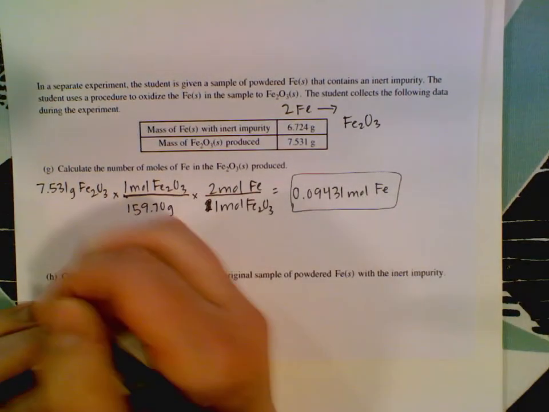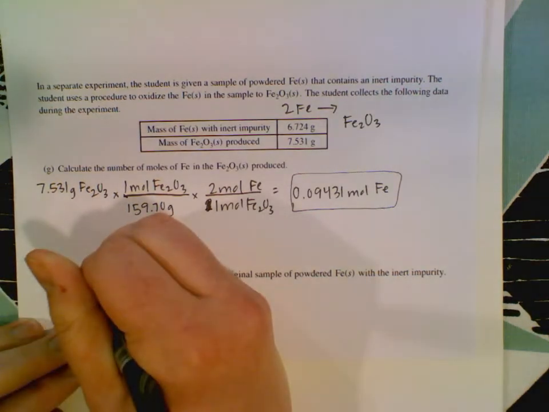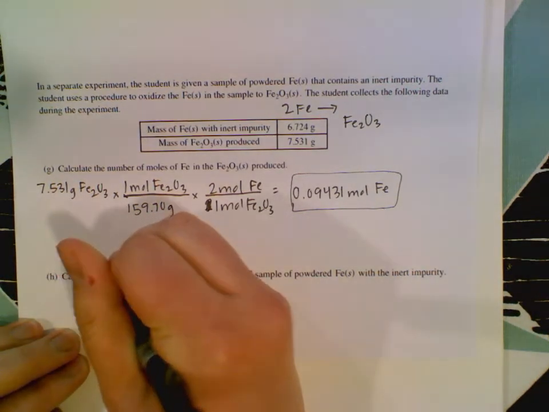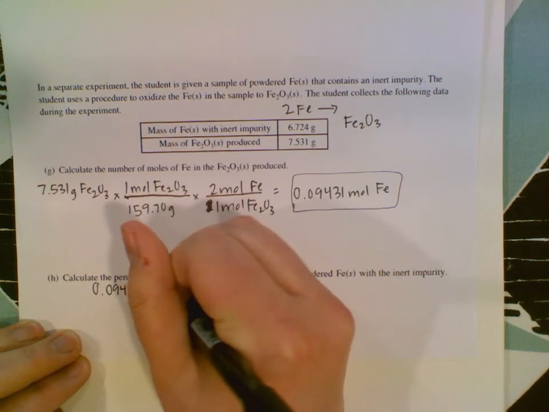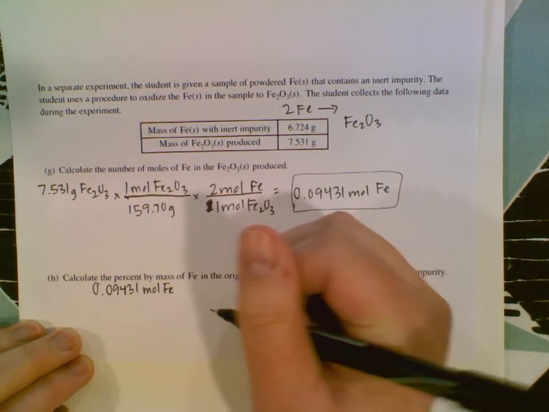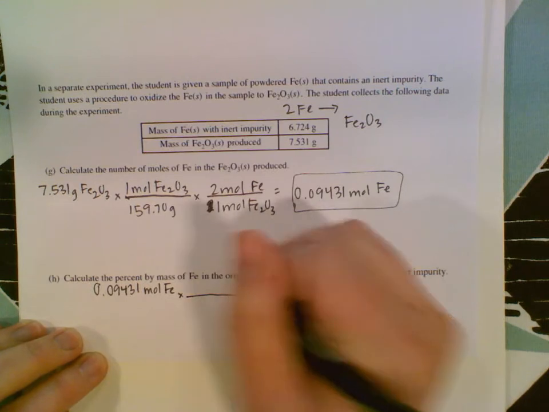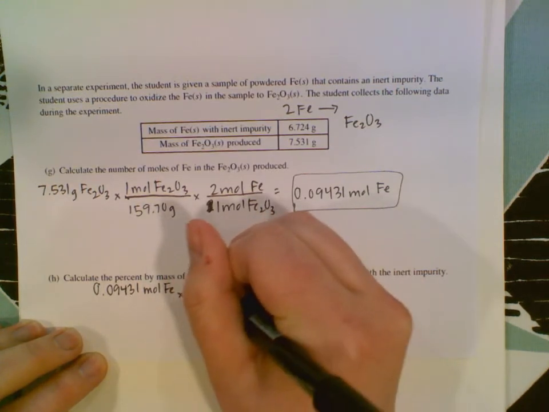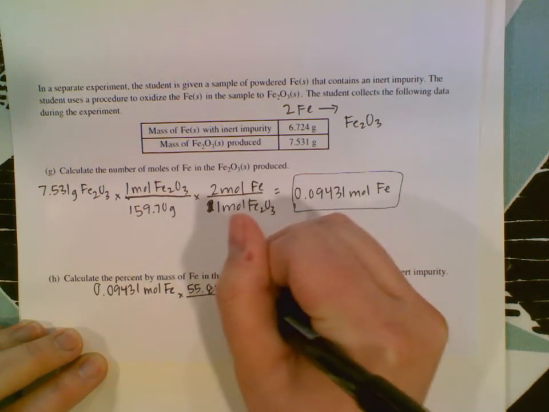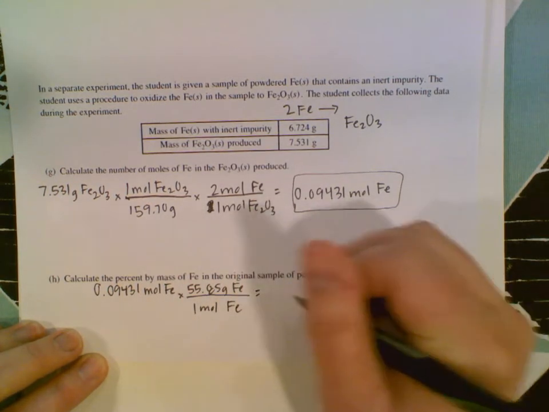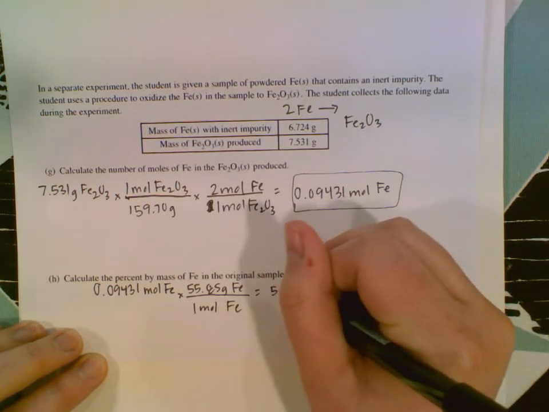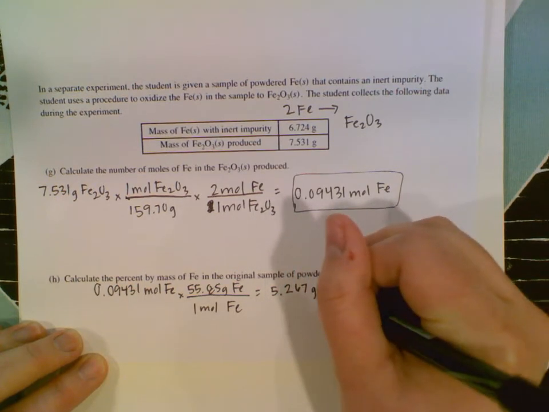So what I need to do first is take 0.09431 moles of Fe. And then I need to convert those into grams of iron. So it's going to be 55.85 grams of iron for every mole of iron. And when you get the grams, it's 5.267 grams of Fe.